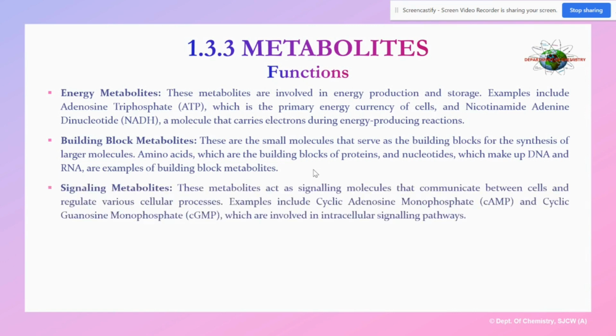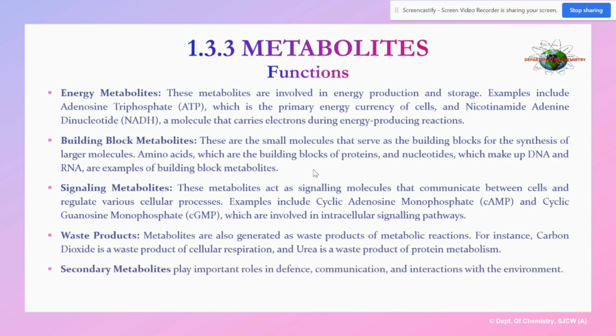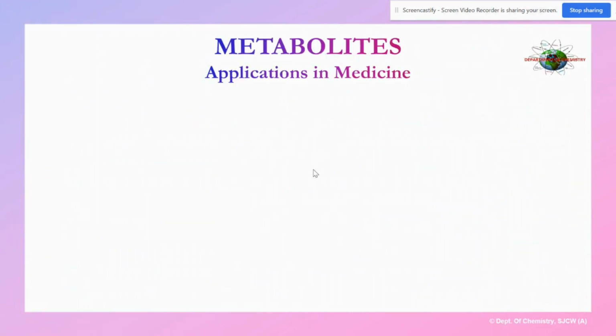Signaling metabolites like cAMP and cGMP are involved in intracellular signaling pathways. Metabolites which are produced as waste products are carbon dioxide and urea. Secondary metabolites also play important roles in defense, communication, and interaction with the environment.